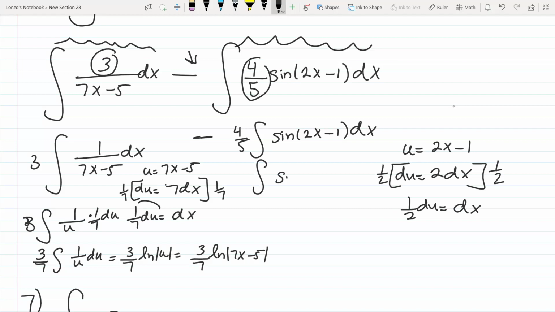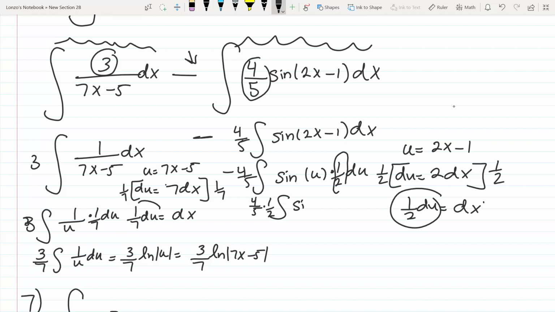It's going to be sin of u, and then my dx is going to be 1/2 du. And then you still have this 4 and the minus. And 1/2 is a constant, so you could take that out. So that would be 4 times 1/2, then you have sin of u du. And the integration of sin of u is negative cosine u.